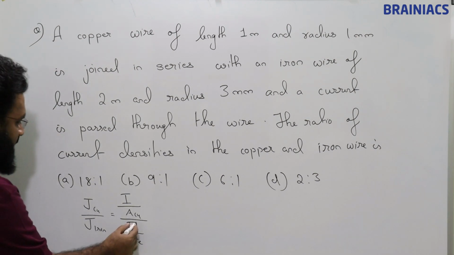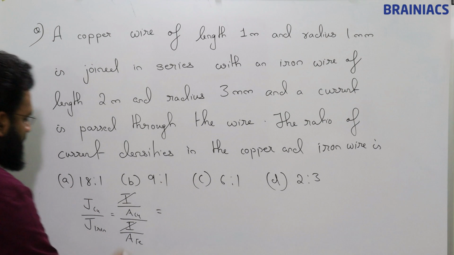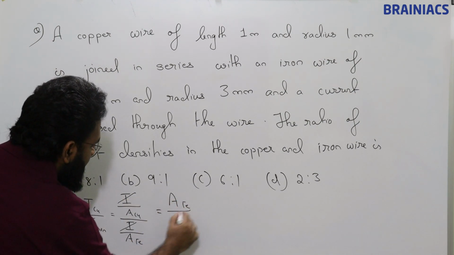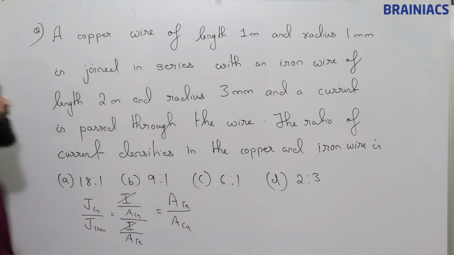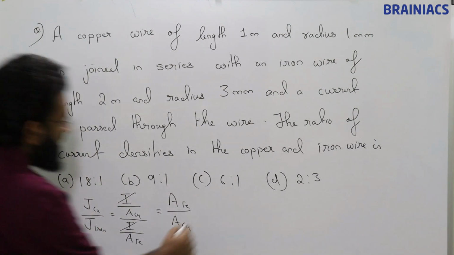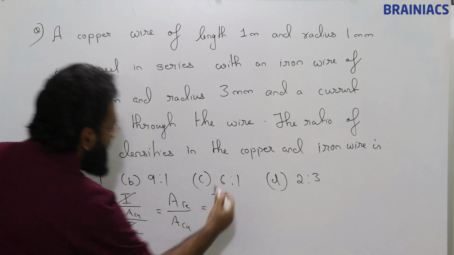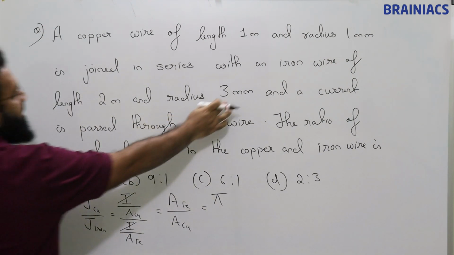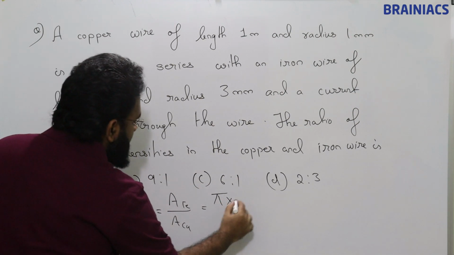So here current is constant, so we can cancel that. So area of iron divided by area of copper. The radius is given, for iron the radius is 3 millimeter, so pi into 3 squared.